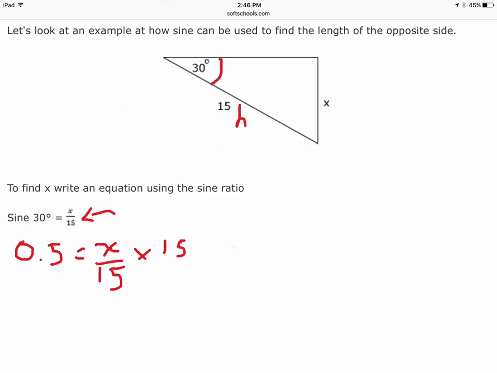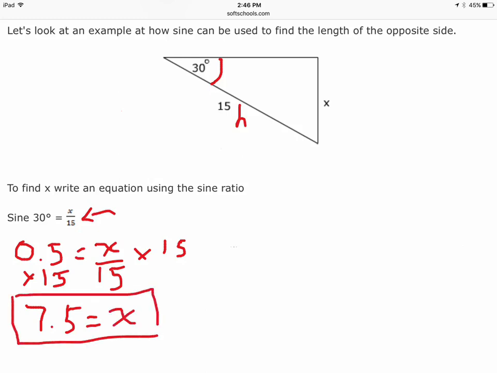And if we do that to one side, then we must do it to the other. 0.5 multiplied by 15 is 7.5. And on the other side of the equation, all we have left is x. So now we know that the length of the opposite side is 7.5.